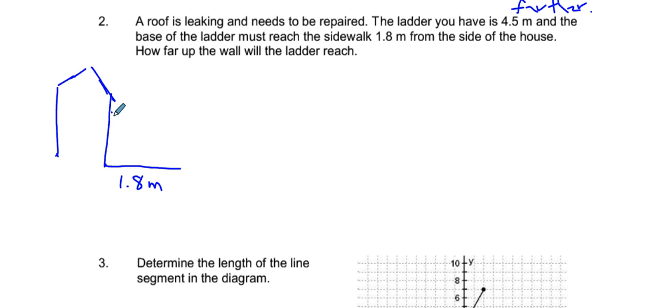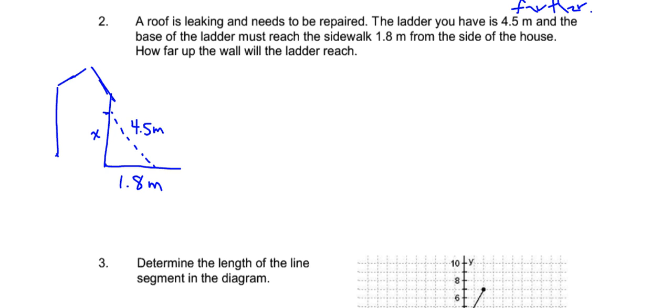So I'm going to rest my ladder so that it reaches my sidewalk, so that it has a flat surface to rest on. And my ladder is 4.5 meters. We want to know what the vertical height is, so I'm going to call this side X.